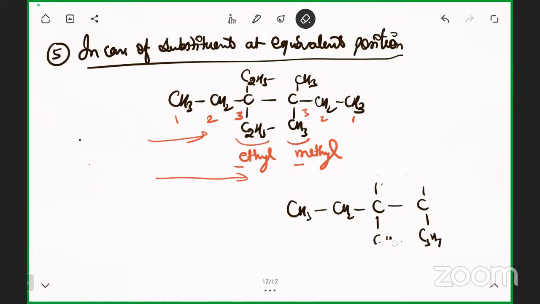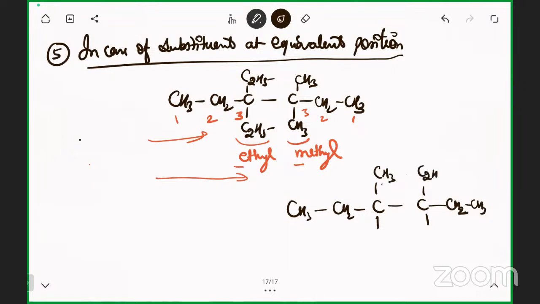I've made the mirror image of that compound. Now tell me, from which side should I do it? Right side, sir, because ethyl is coming from the right side now. So I think you got my point, what I want to say. Okay.